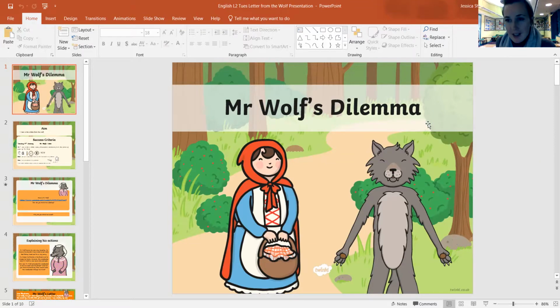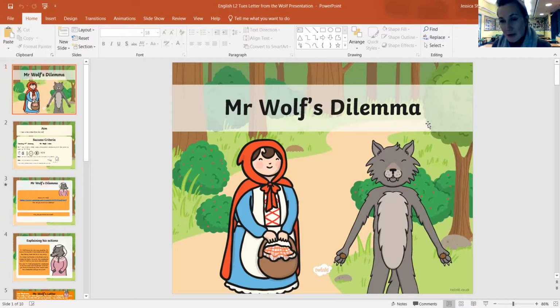We're going to be thinking about how the story of Little Red Riding Hood is often told in different versions. And I gave you a few of those yesterday to have a look at. We're going to be thinking about how this story has been told from different perspectives.